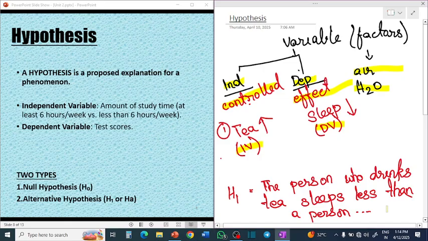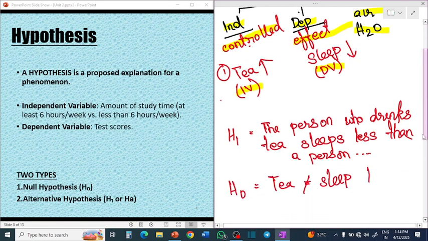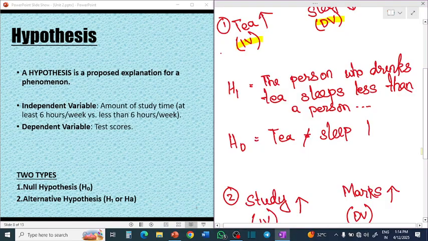Now, hypothesis is also of two types. One is called alternative hypothesis and the other one is called null hypothesis. Your null hypothesis will always show that there is no change, and alternative hypothesis will show that there is change. Alternative hypothesis is represented by H1 and null hypothesis is represented by H0.